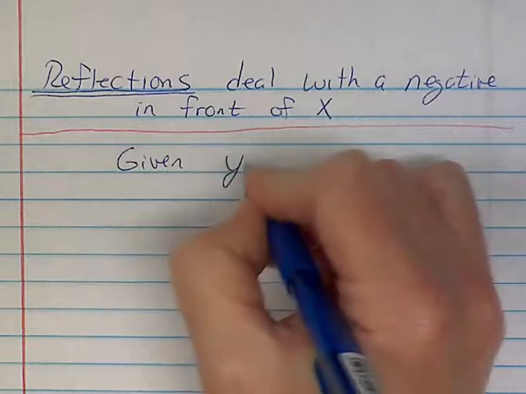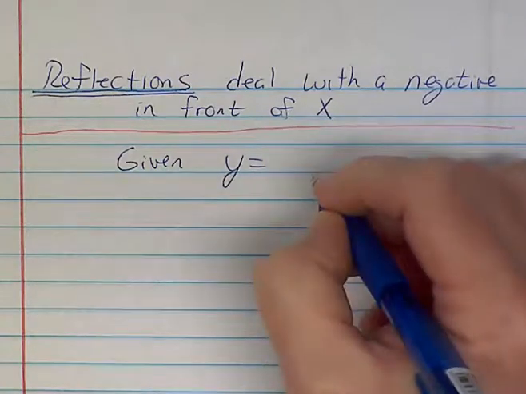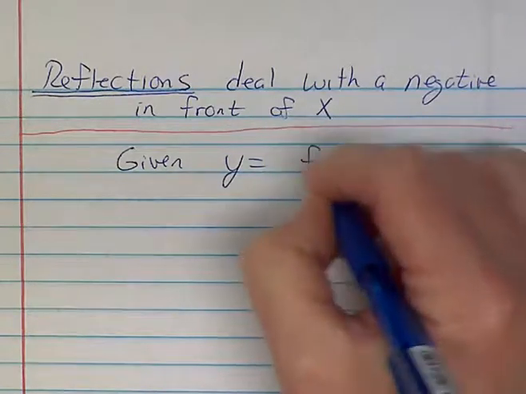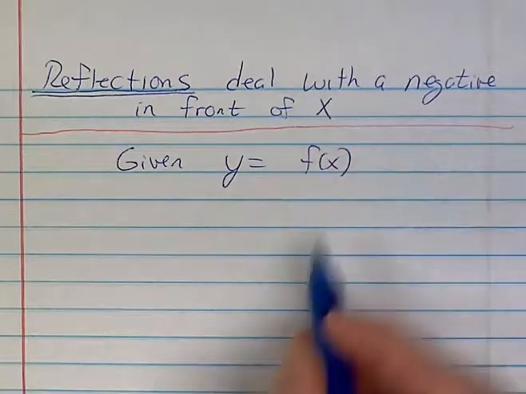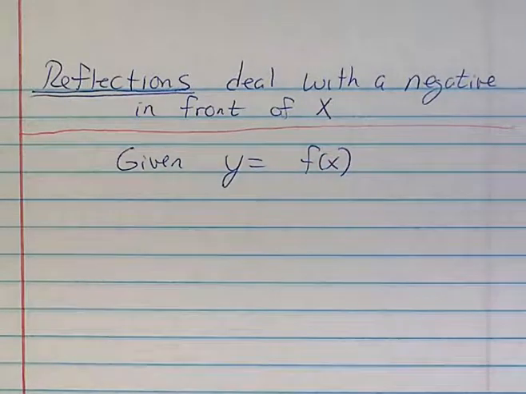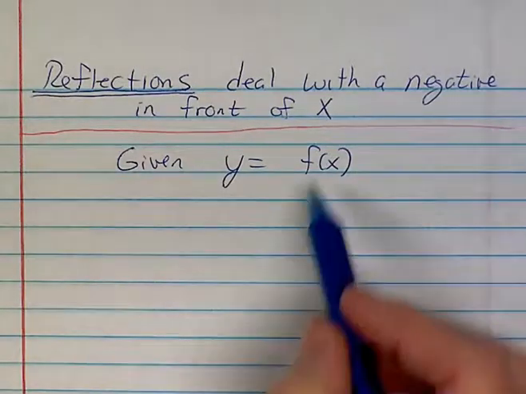It's kind of looking at it like this. Let's say we've got y is equal to f of x. So we've got some equation, some function over here. Where you put the negative depends on how this thing behaves. Again, you've kind of got your parentheses here.